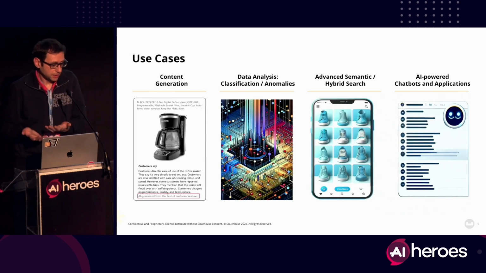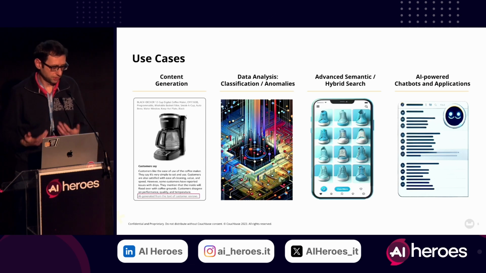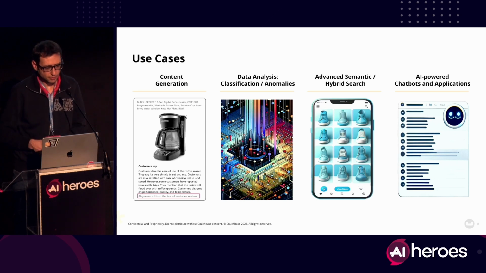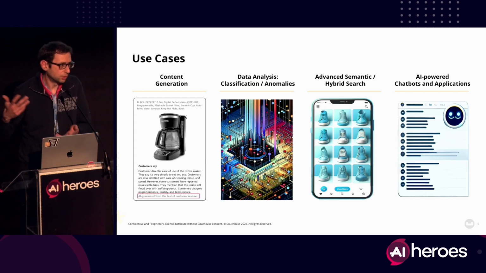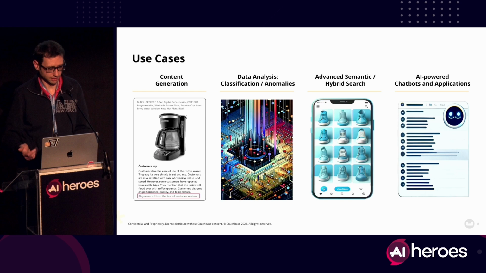With this, we can solve different kinds of use cases. We can use GenAI to do content generation. For instance, imagine the summary of reviews that you already see on Amazon. It's generated by GenAI. You can do data classification, and we will see an example in the demo later in the code.